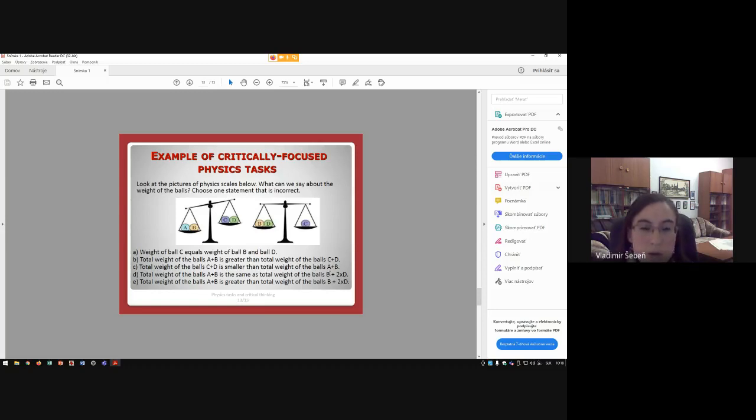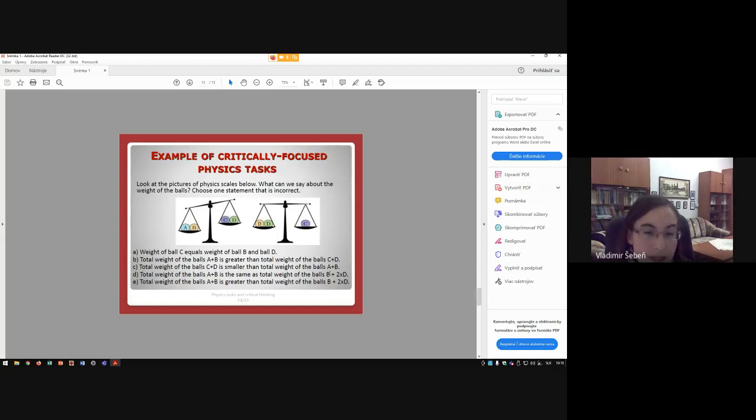This is an example of another physics task. On this picture you can see physics scales, 2 physics scales, and students should already be aware of the fact that if both sides of the scales are at the same height, it means that the weight of the balls is the same. However, if one side of the scale is lower and the other is higher, they should be able to decide which one of them is higher, as it comes to weight.